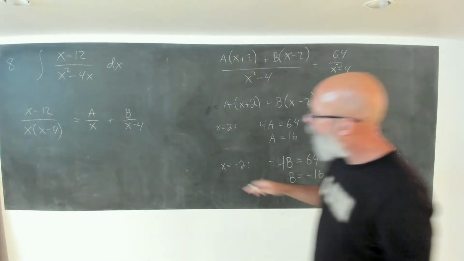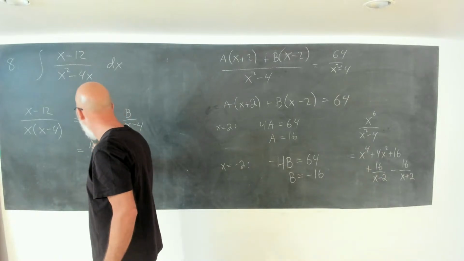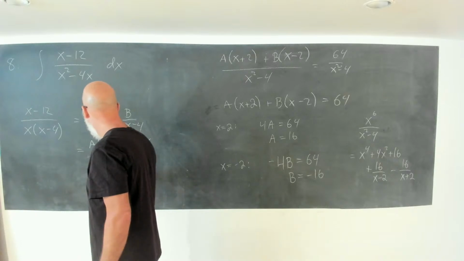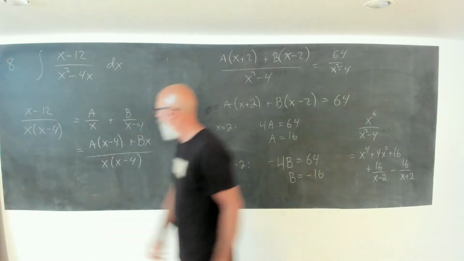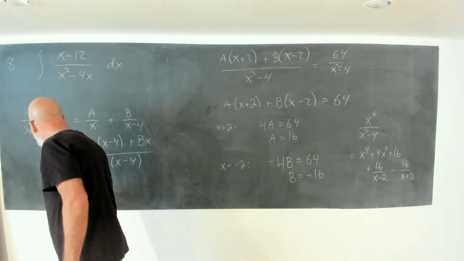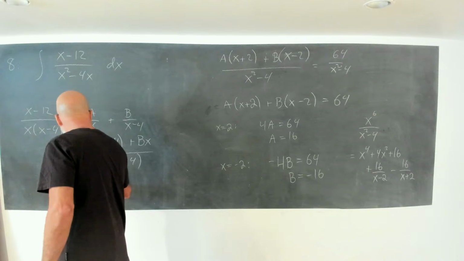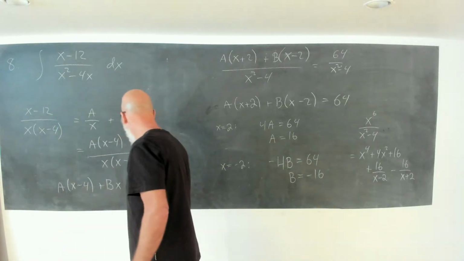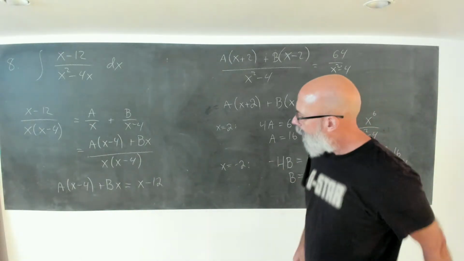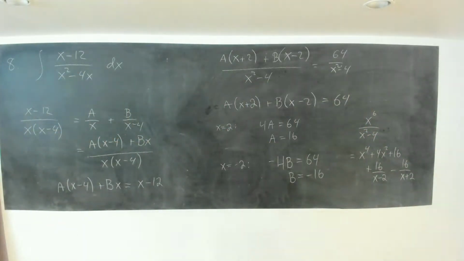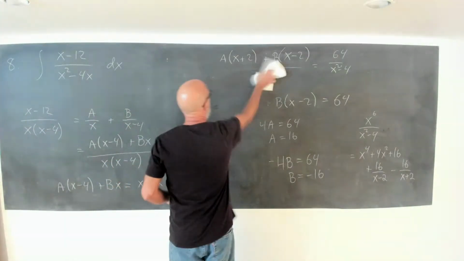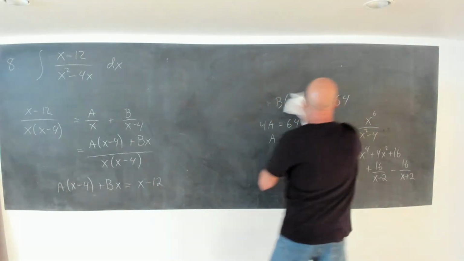Put everything back over a common denominator and equate the numerators. And we've already done the trick where you plug in good values of x, so why don't we do the other one? Namely, equating the coefficients.